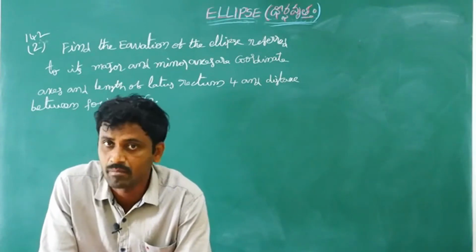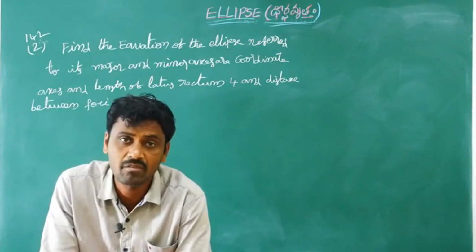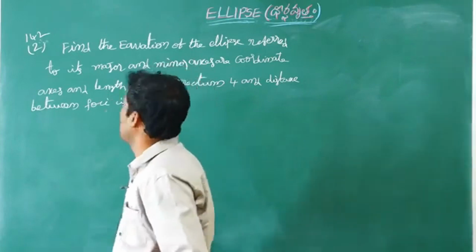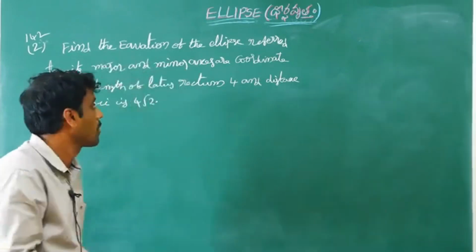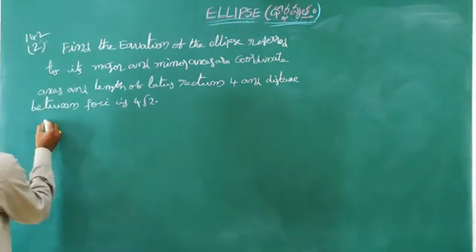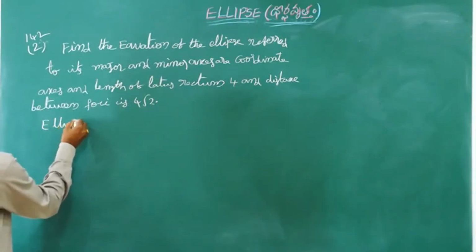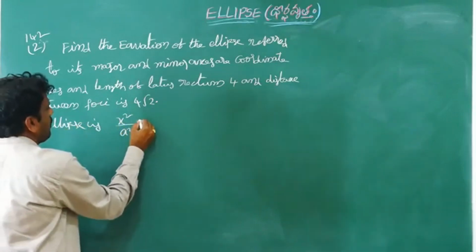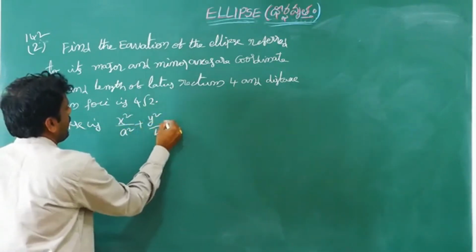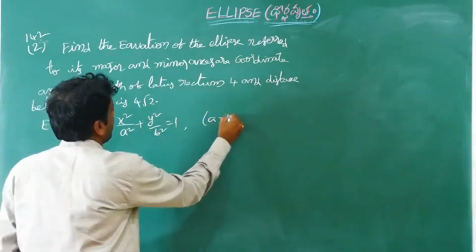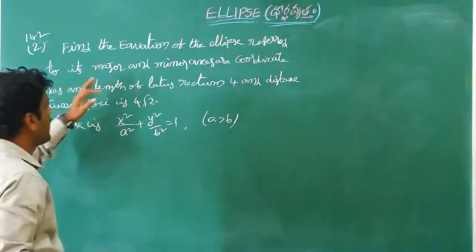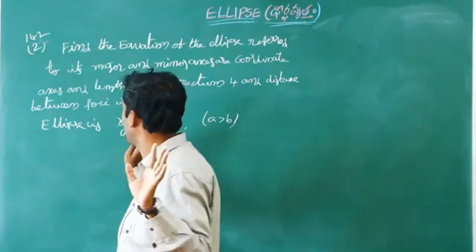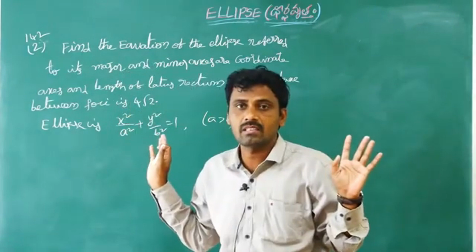Here a greater than b, because major and minor axes are coordinate axes. Major axis and minor axis are coordinate axes, so the ellipse is in standard form, a greater than b case.